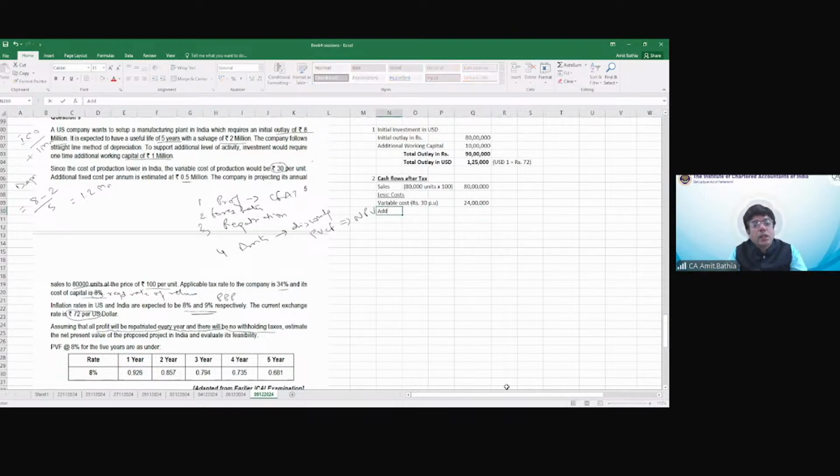Further, you are told there is additional fixed cost, 500,000. So that is 5 lakhs. This is given information. Any other cost which we will have? Depreciation. Yes. How much will be the depreciation? We have already done the working over here, remember? 8 million minus 2 million, so it is 80 lakhs minus 20 lakhs divided by 5. So I have 12 lakh rupees as depreciation.